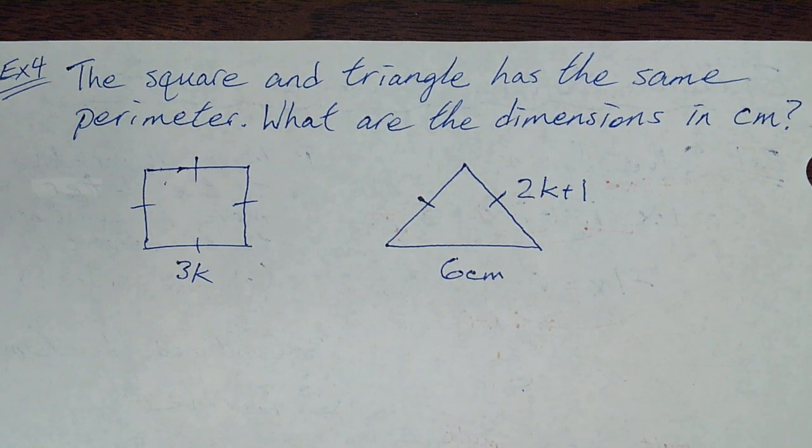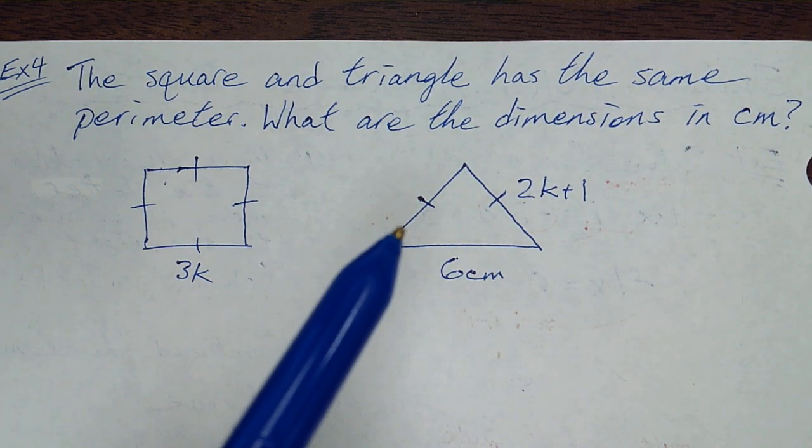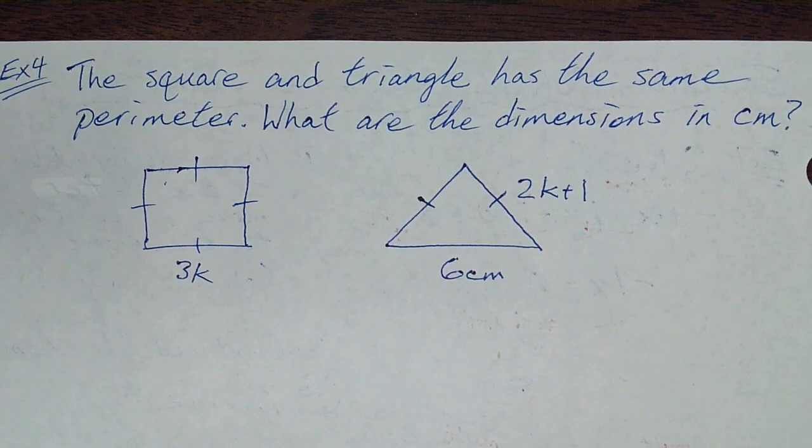Okay, I hope the number works because I just made up these numbers. It's not an equilateral triangle. What type of triangle is this? What is it called? Isosceles. Good.